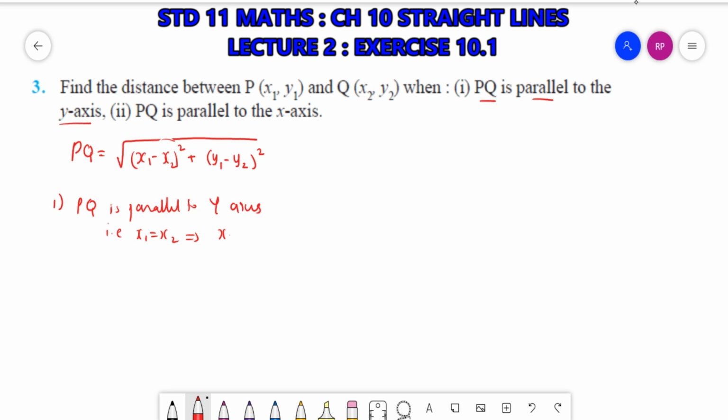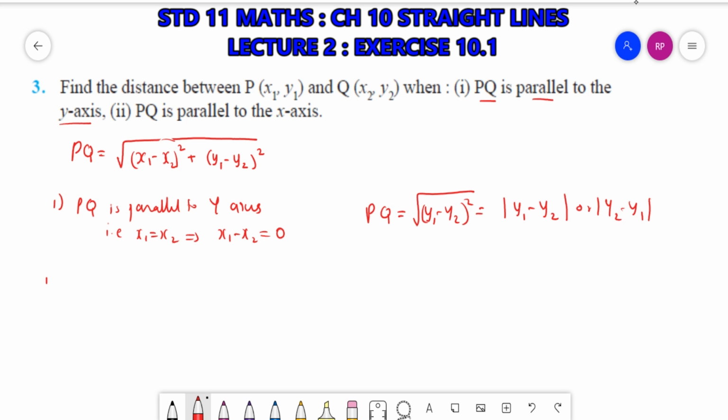That implies x1 minus x2 will be equal to 0. The distance PQ will be equal to the square root of (y1 minus y2) whole square, so that will be equal to modulus of y1 minus y2, or I can also write it as y2 minus y1.